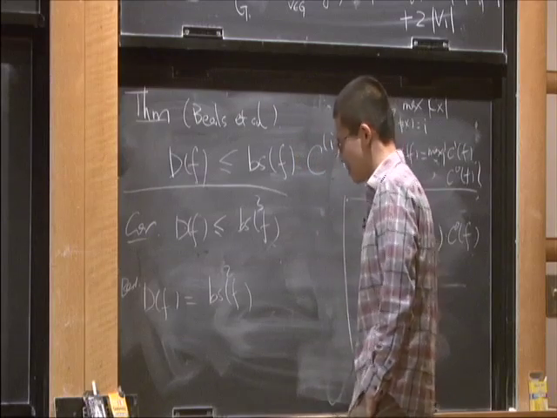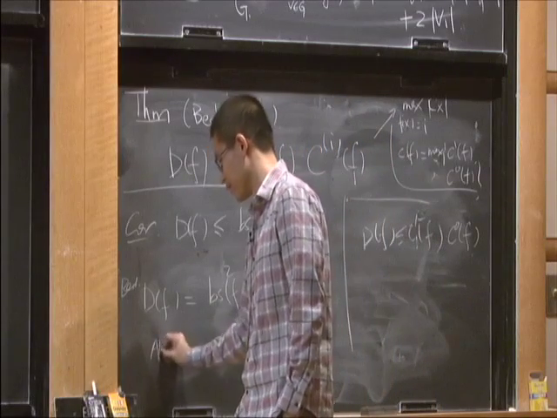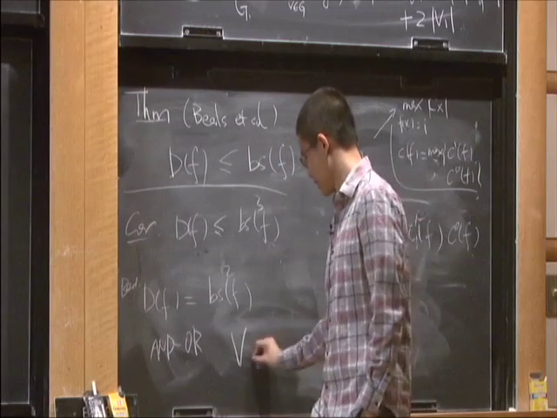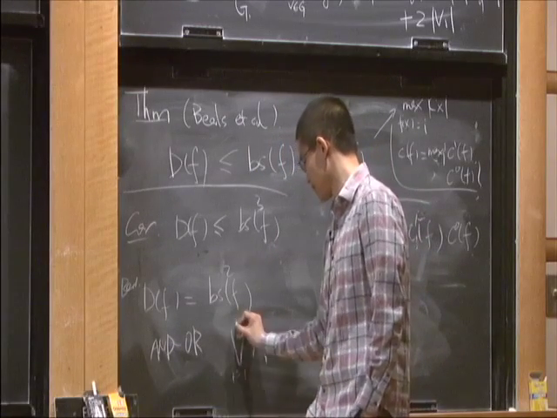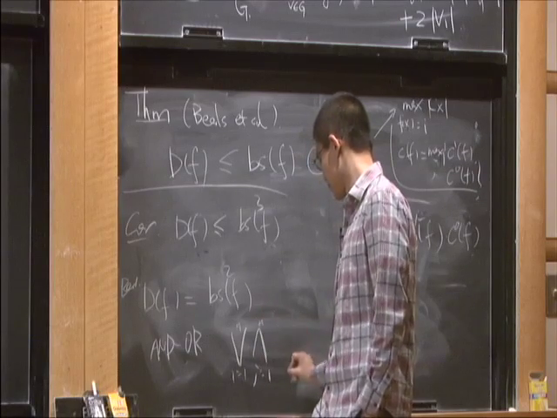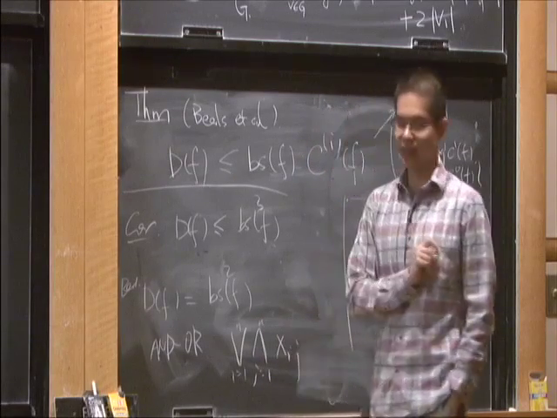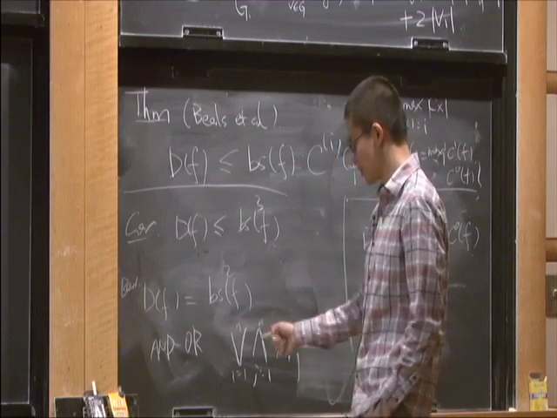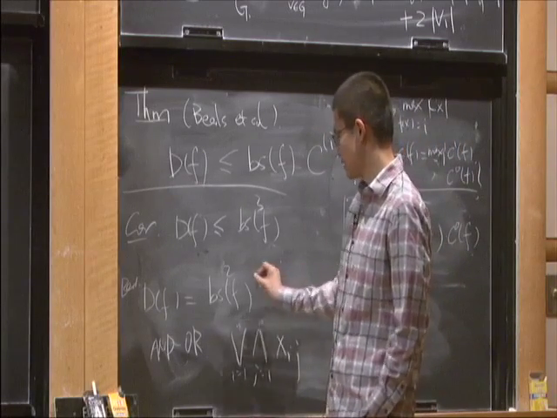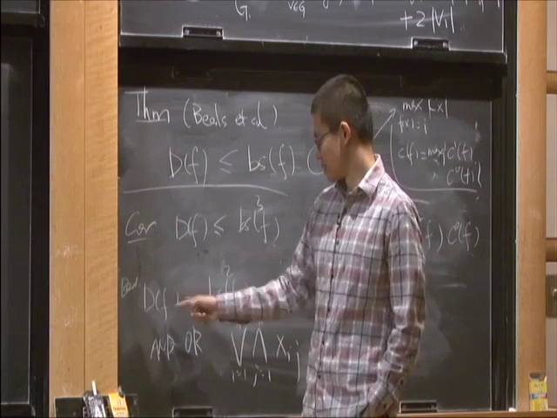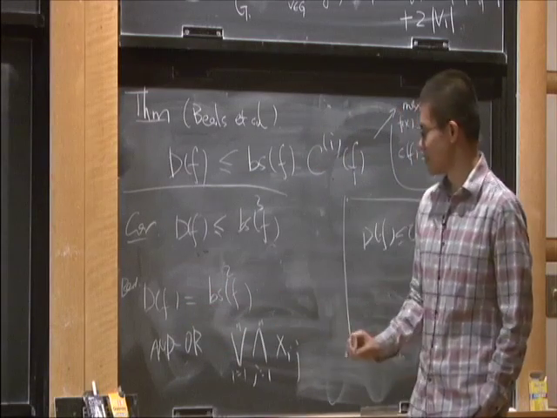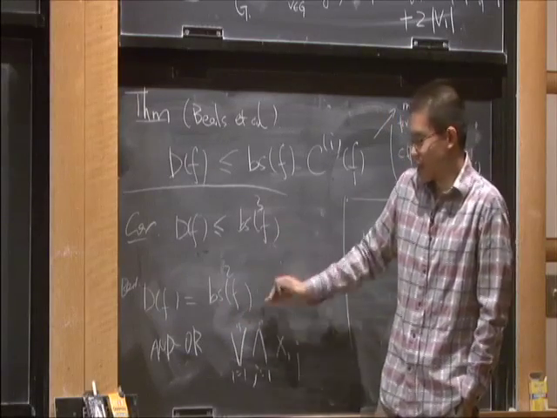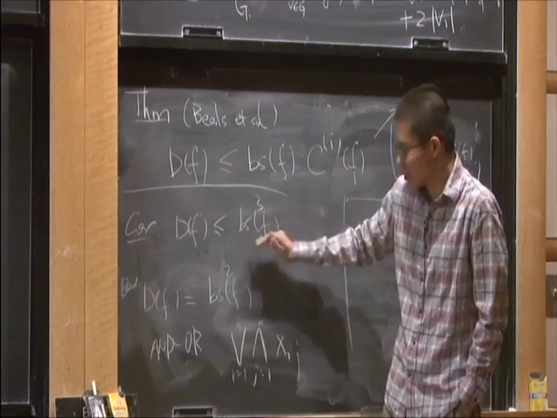This is basically by taking the AND-OR function. Here the block sensitivity is equal to n, and the decision tree complexity is equal to n squared. I think it's an interesting open problem to improve this bound.